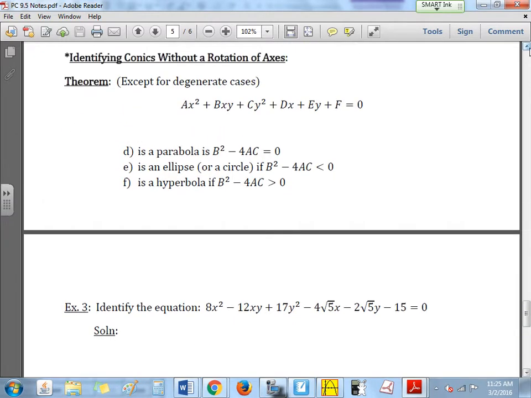And mine's kind of split between pages, but yours shouldn't be. And I don't know if it says example 3. Yeah, it says example 3. It's really example 5. But the point is I wanted to do this now, and this should say ABC on my notes. I think yours says ABC, right? Yeah. Okay, so this is a little different now.